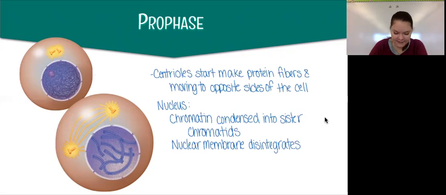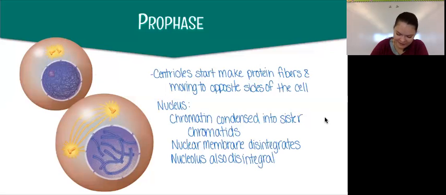And then finally, the last thing that we're going to see is that little ball there in the corner. He's gone. The nucleolus also disintegrates. It will reintegrate later, but for right now, it is in pieces.